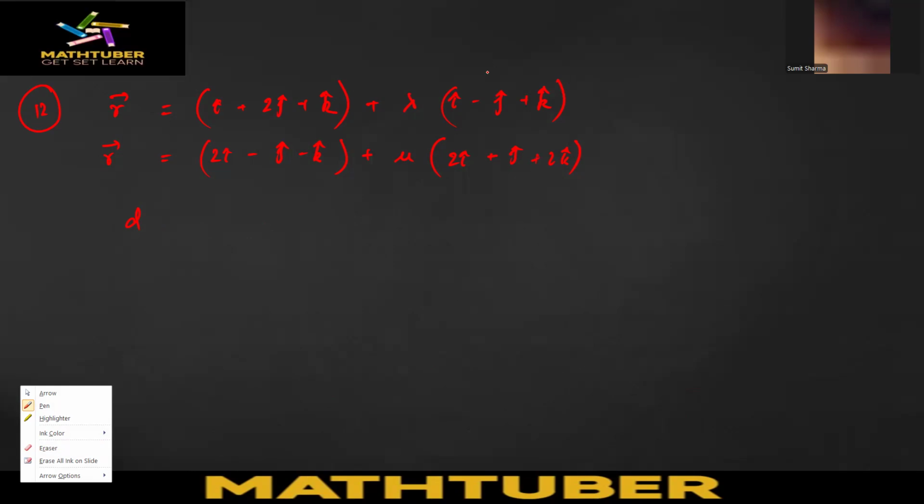This one is b1 vector, this is b2 vector, this is a2 vector, and this is a1 vector, right? So first let us find the cross product of b1 and b2.